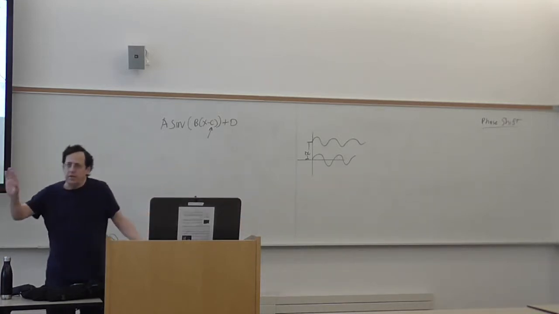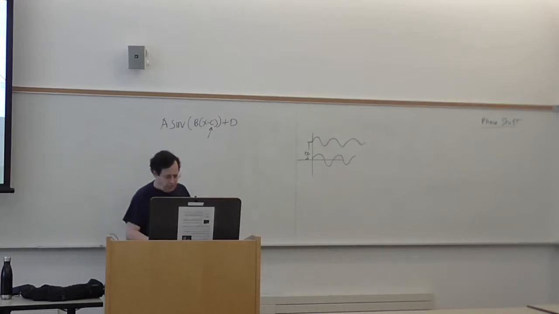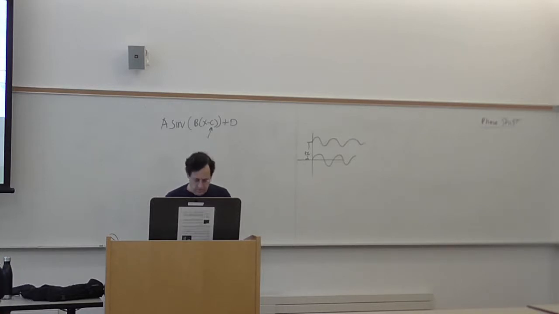When you're doing a horizontal shift on a periodic function, there's something a little special about it, because let's say I were to move this 2 pi, what happens?